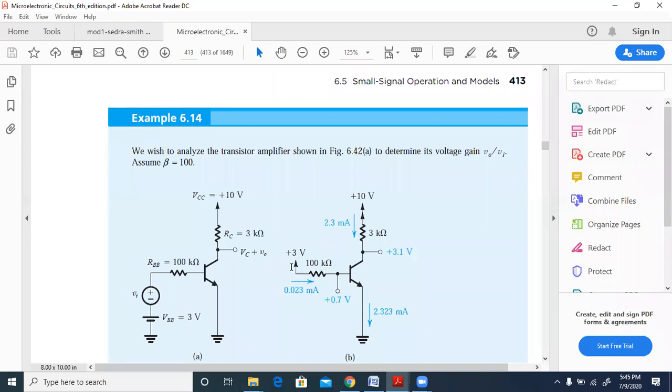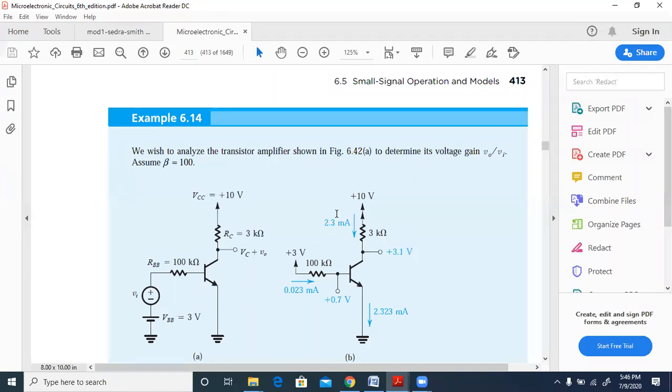So this is capital IB. If capital IB is this value, capital IC will be given by the formula beta into capital IB, and beta is given over here as 100. So you multiply this by 100, you will get naturally 2.3 milliamperes.